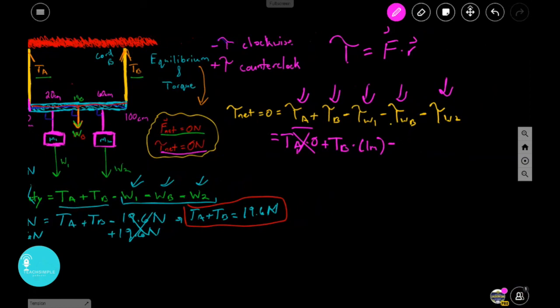That gives me negative 1.57 Newton meters. All right, the weight of the bar. The weight of the bar is the same thing. I do the negative 0.10 times 9.8 times the distance here, which is 0.5 or 50 centimeters. And that's going to give me a torque of negative 0.49 Newton meters.